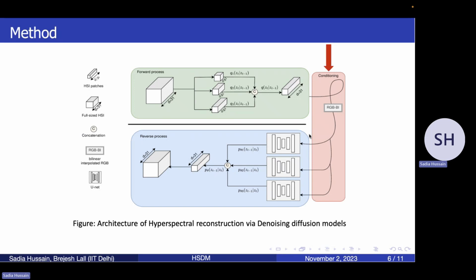We use three different types of units, and these three different types of units, then in the reverse process, are again concatenated to form a full-sized image back. So this is the architecture of hyperspectral reconstruction via denoising diffusion models.